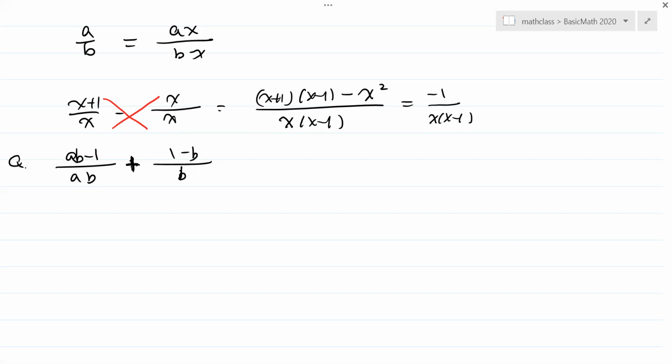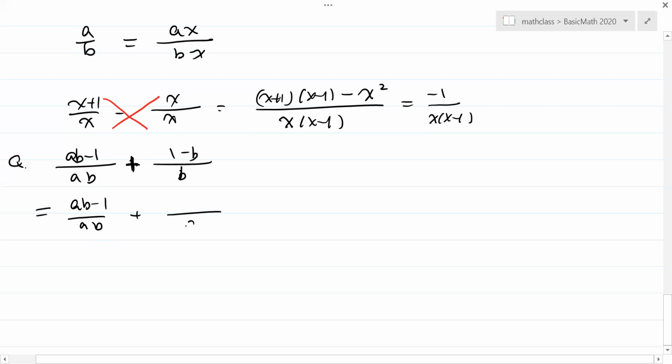Okay, you use a parenthesis for a minus 1. Okay, so look at both sides, right? The left-hand side denominator is a times b. Another denominator here is just b. So you have to make them have a common denominator. So ab minus 1 over ab. And then here's ab, and this is a times b minus 1, and then 1 minus b.